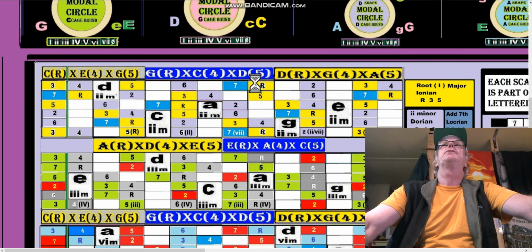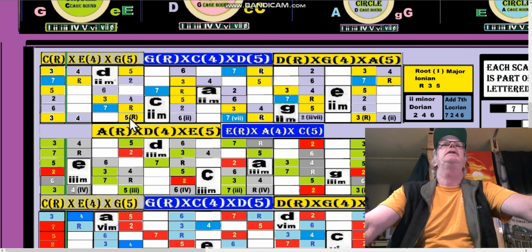One of the easiest ways to look at it: C kind of traverses the middle part. Everybody knows the C shape is root, 3, 5 there. Or you put your fingers on root, 3, root there, and the 3 and the 5 would play themselves because there's a fret nut there. So those would be open strings.